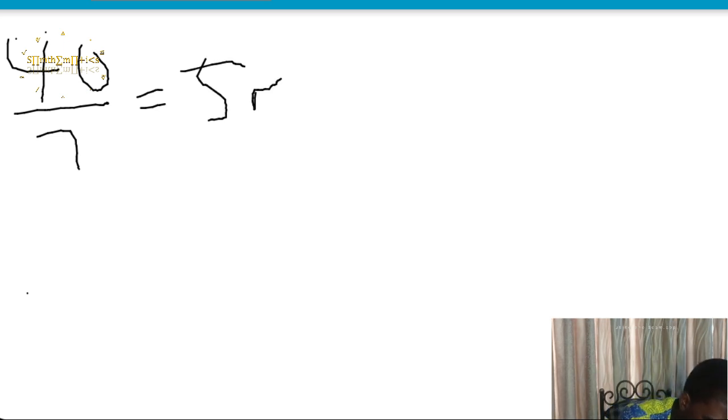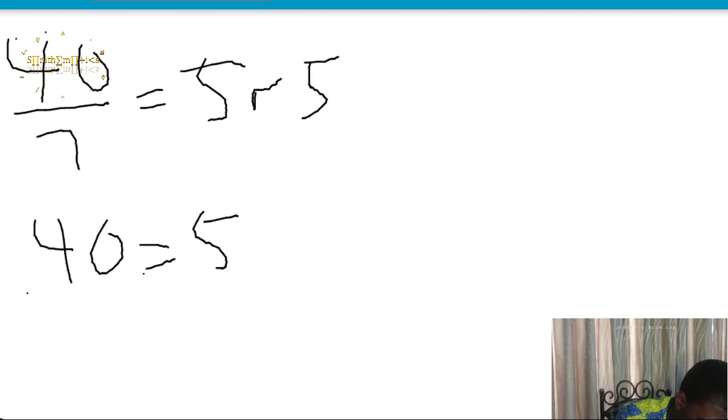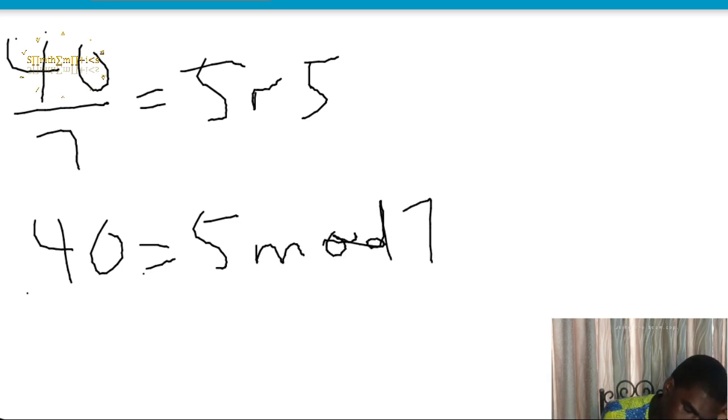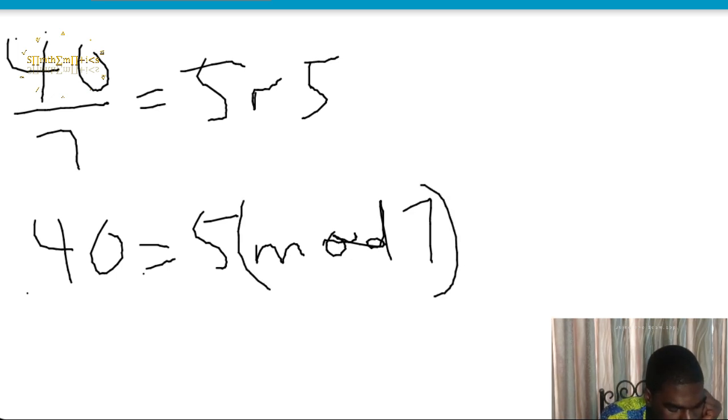So that is 5 remainder what now? 5 remainder 5. Right? So that is 40 is equal to 5 mode 7. So that's how easy it is. That's how you convert a number to another number in a given modulus.